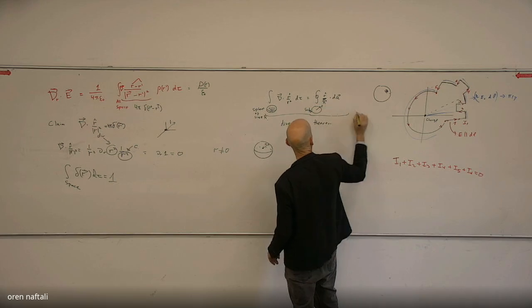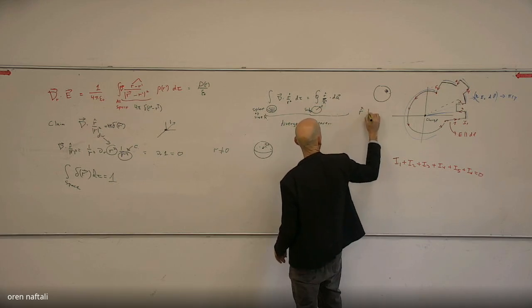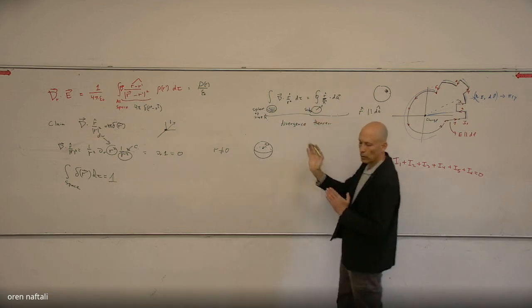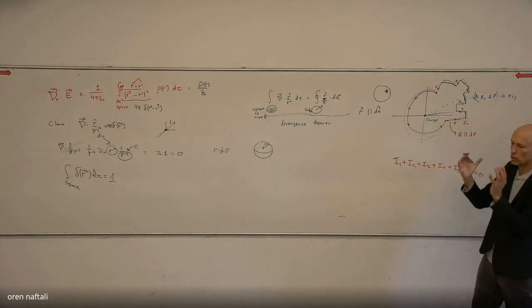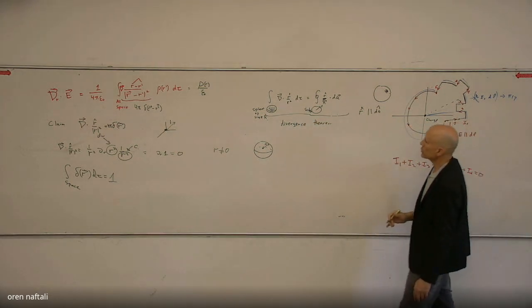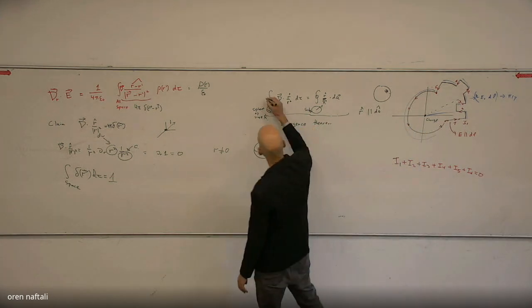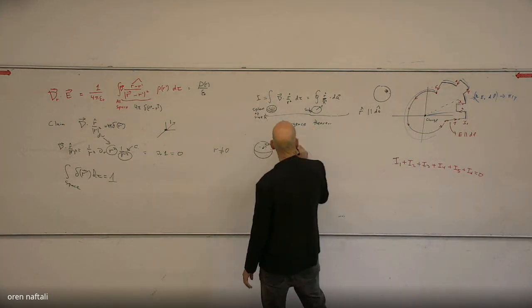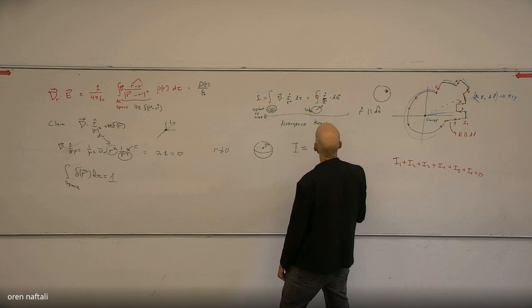So r hat is parallel to dA, because dA is the normal, and we are using a sphere. We choose a convenient construction. And then this integral, let's call it I, is equal to the following.